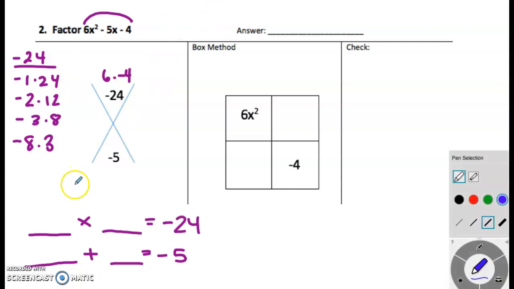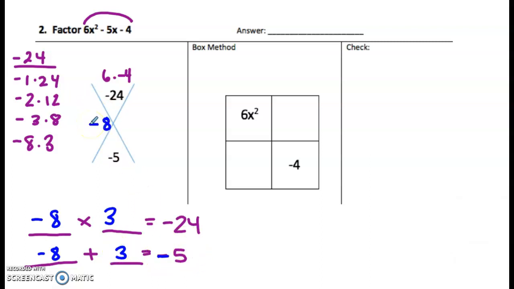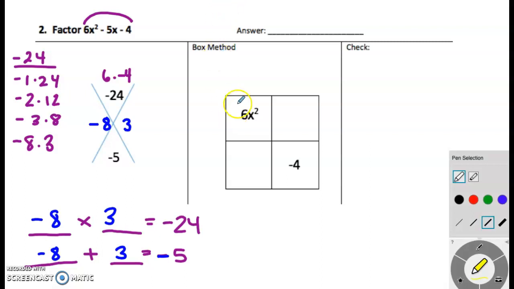So what I actually just found here are the winning numbers. A negative 8 times 3 gives me negative 24. A negative 8 plus 3 gives me a negative 5. So that tells me our winning combination. So just like when we were doing our other trinomials, remember, these two are always from the first term and the last term.